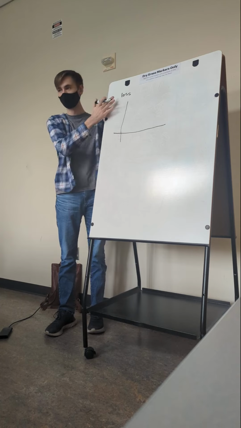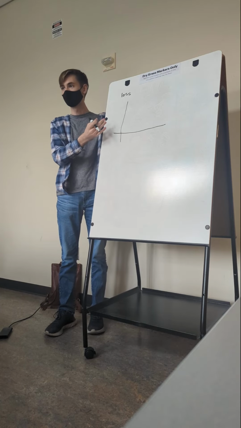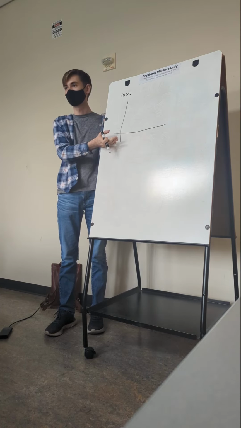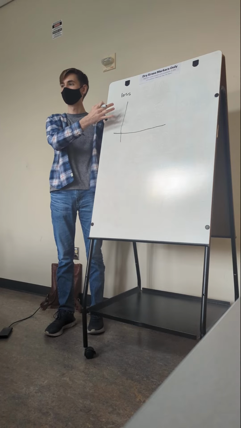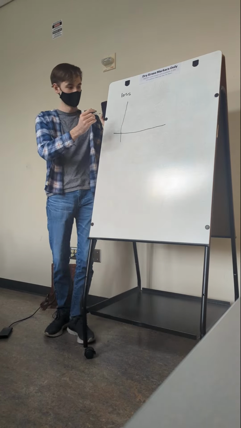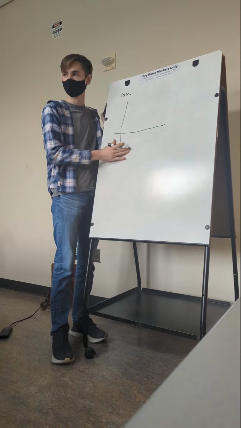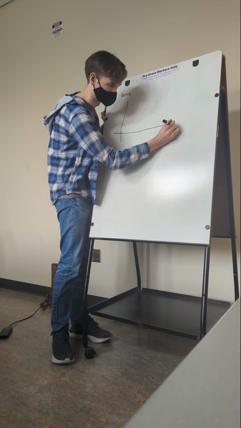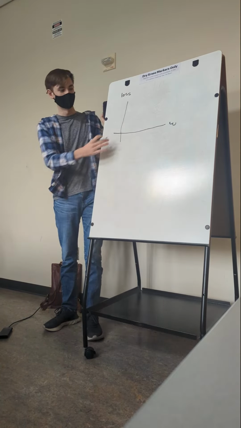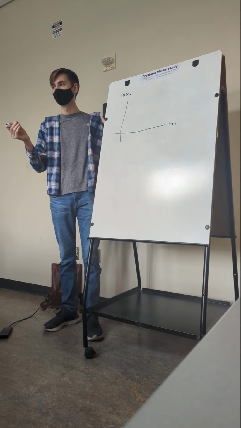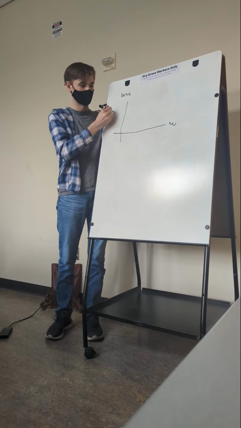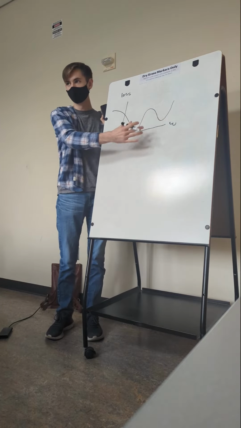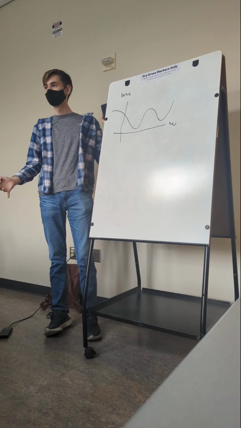If the network's doing good, loss or cost is going to be low, and if the network's doing bad, cost is going to be high. On this axis, I'll put one of our weights. This is just one of those connections, one of those numbers that we can tune, and as we change it, the loss is going to change as well, right?